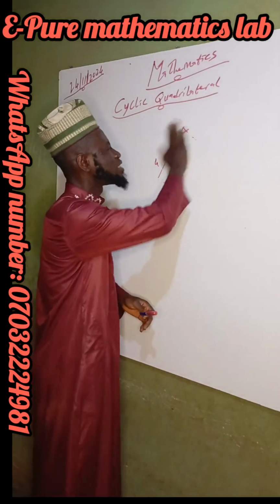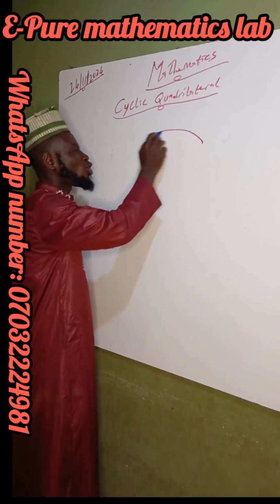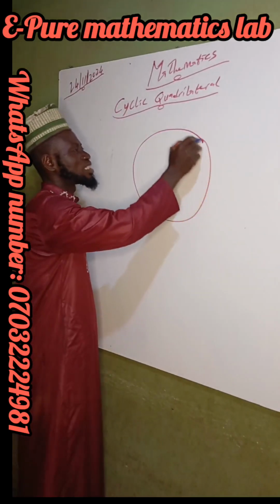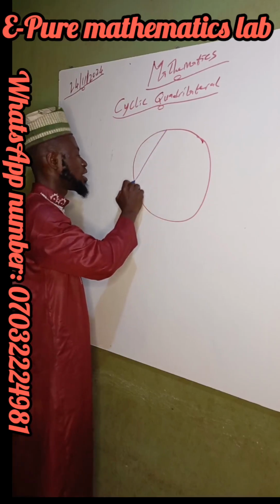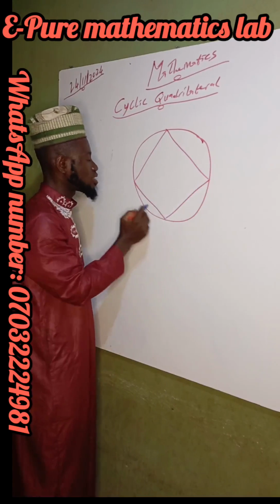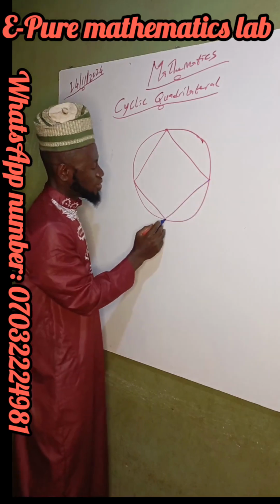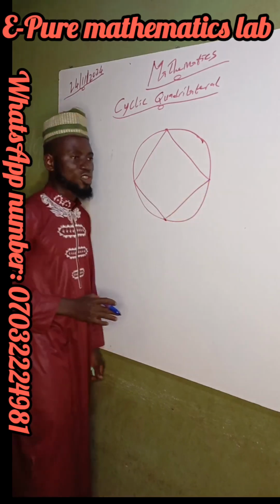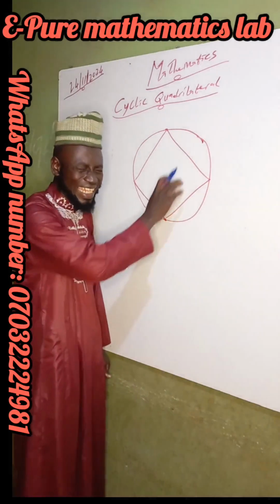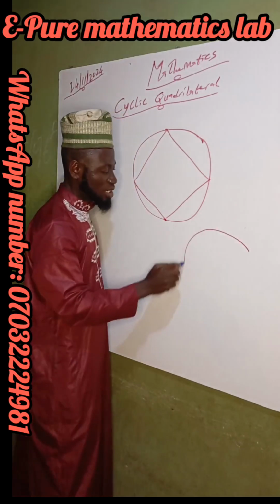The cyclic quadrilateral means a quadrilateral that has all four vertices on the circumference of a circle. For example, like this. All four vertices on the circumference of a circle. You can see the first one here, the second one here, the third one here, the fourth one here. They are on the circumference of a circle. Then this one as well is a cyclic quadrilateral.